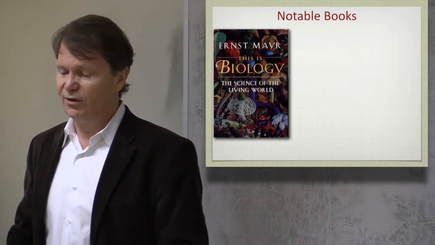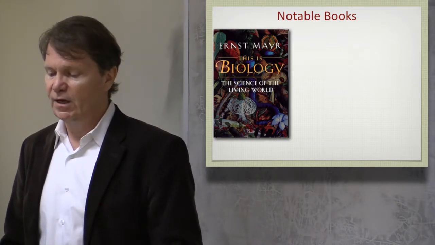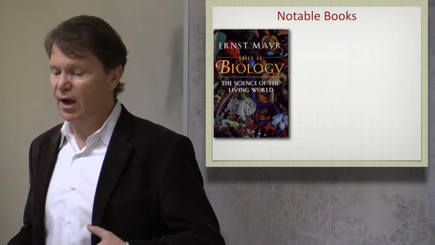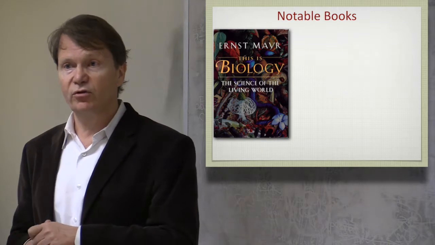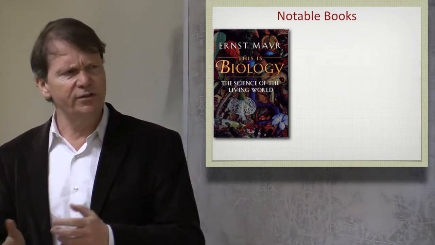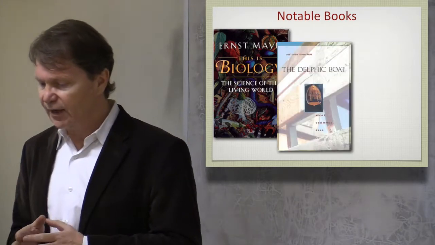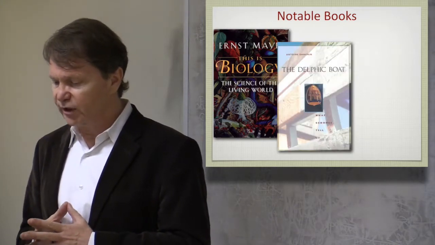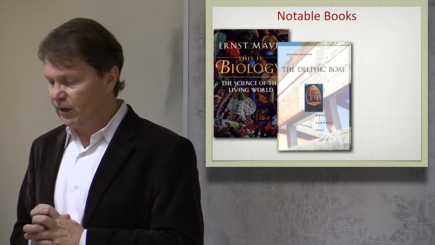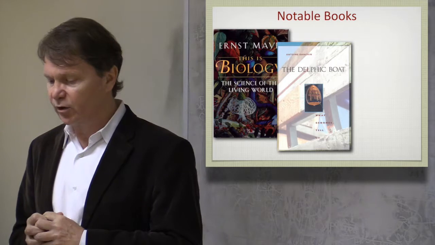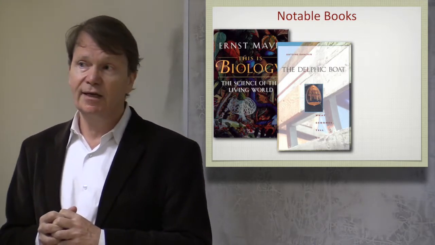And all his career, he was fascinated with this question of how causation in biology is uniquely different from that of the other natural sciences or physical sciences. And he has written books like this, which are interesting to read. Then there is The Delphic Boat, written by Antoine Danchin, who is at the Pasteur in Paris, was chair of the microbiology department there, and he wrote this remarkably interesting book in the late 90s about genomes.